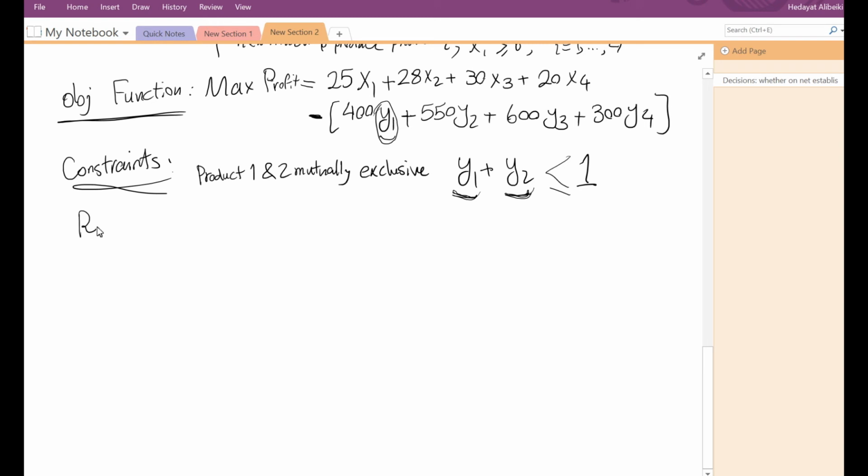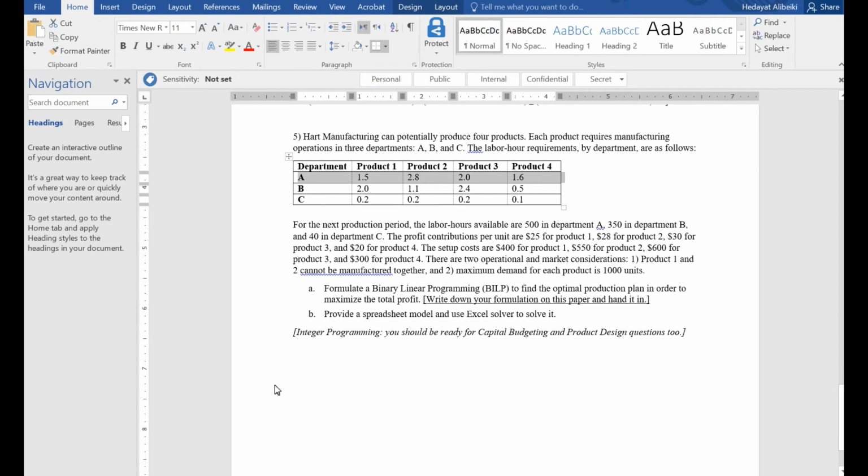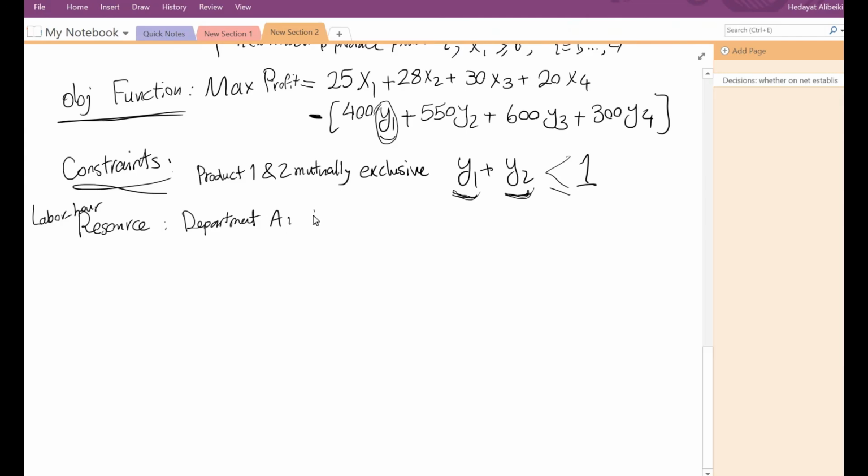Limited resource, or labor hour resource requirements. So for department A, if we produce 1 unit of product 1, we need 1.5 hours from this. So it's going to be 1.5 x1.